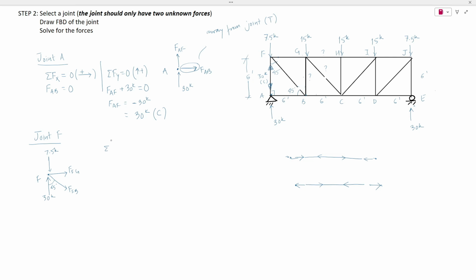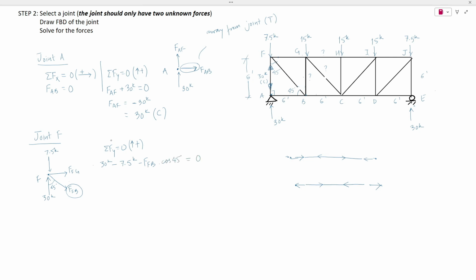Let's look at the summation of all the forces in the y direction to be 0 first. So upward positive, then we have positive 30 kips acting upward, the applied load of negative 7.5 kips because it's acting downward, and then the vertical component of force FFB, which would be acting downwards, so negative FFB cos 45 degrees.